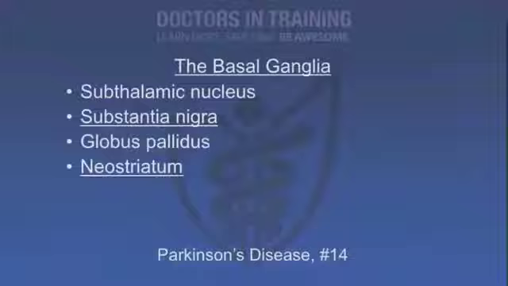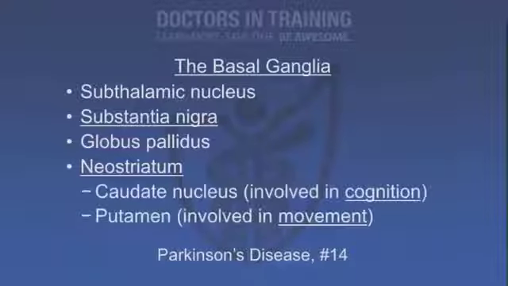To really understand how dopamine causes movement disorders, we need to review the basal ganglia. And just to review briefly, the basal ganglia include 4 areas: the subthalamic nucleus, the substantia nigra, the internal and external segments of the globus pallidus, and the neostriatum. And the neostriatum is made up of the caudate nucleus, which is involved in cognition, and then the putamen, which is involved in movement.